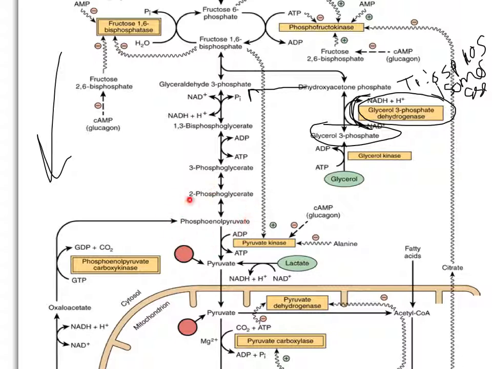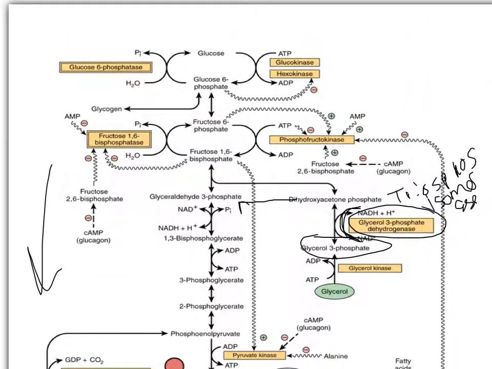Once the concentration of PEP, or phosphoenolpyruvate, has increased tremendously, it will drive the reaction all the way back up to fructose 1,6-bisphosphate, right here.